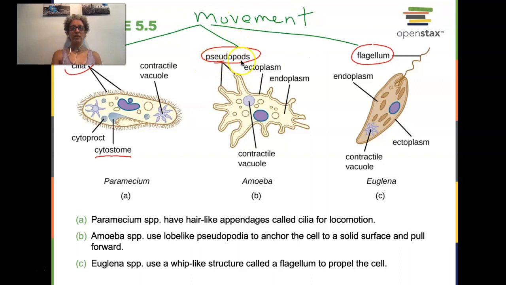So they have fake feet or foot-like projections, and when they get their cytoplasm, the fluid inside the cell, to push against their cell membrane, it causes these projections that help them to grab onto surfaces and move in a particular direction. And flagellum we saw in both prokaryotes and generalized eukaryotes.